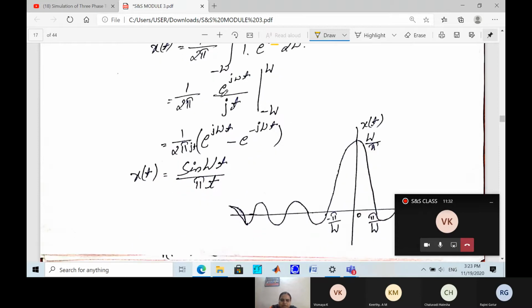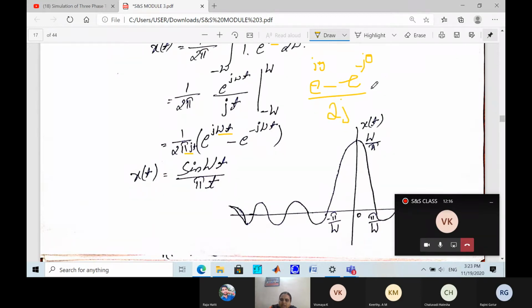Just substitute here. You will be getting 1 divided by 2 pi jt into e raised to j wt minus e raised to minus j wt. This is nothing but sine wt divided by pi t, because e raised to j theta minus e raised to minus j theta divided by 2j is sine theta.